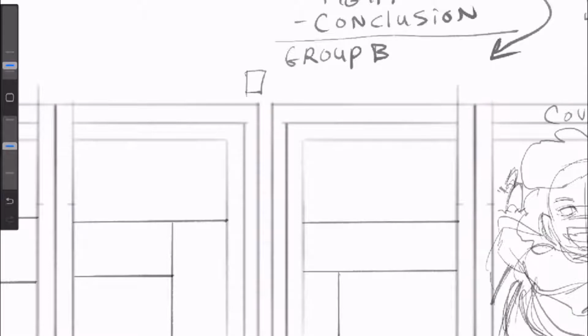So we have these two guys here, and we're gonna just reestablish this moment again.